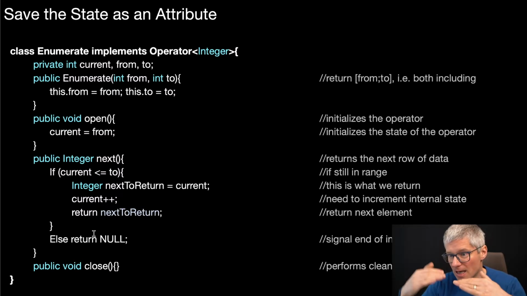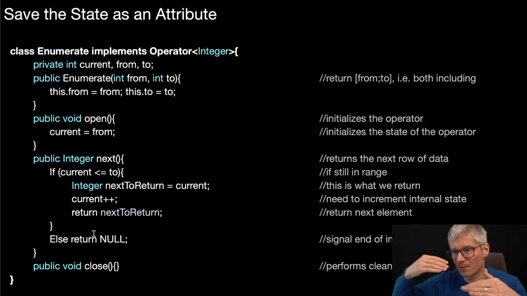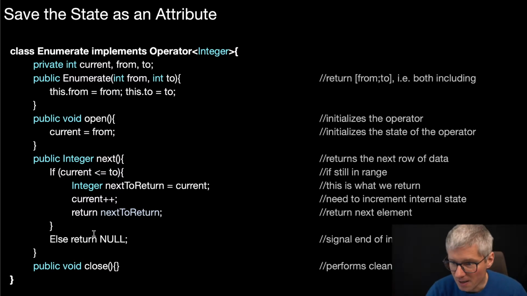With that, I'm able to proceed once I'm calling the next method again. So I will not be returning 7, 7, 7, but it will be 7, 8, 9, 10, and so forth. So you have to be careful when you start implementing those operators.